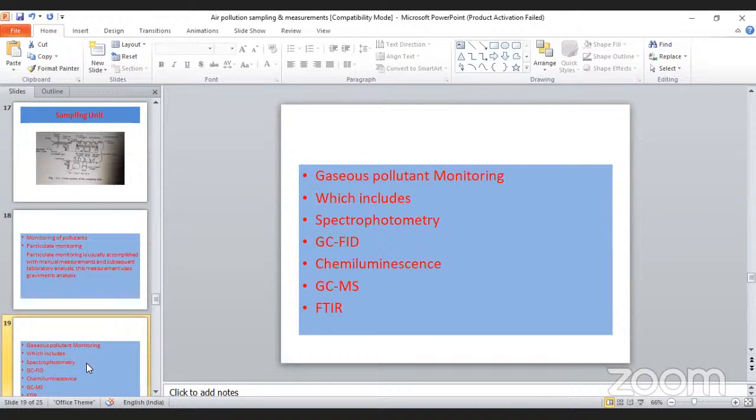What is meant by calibration? All these methods are used to quantify unknown quantities of substances. We know the substance, say sulfur dioxide we are going to analyze, but how much sulfur dioxide is there we want to find out. So it is just for quantification.